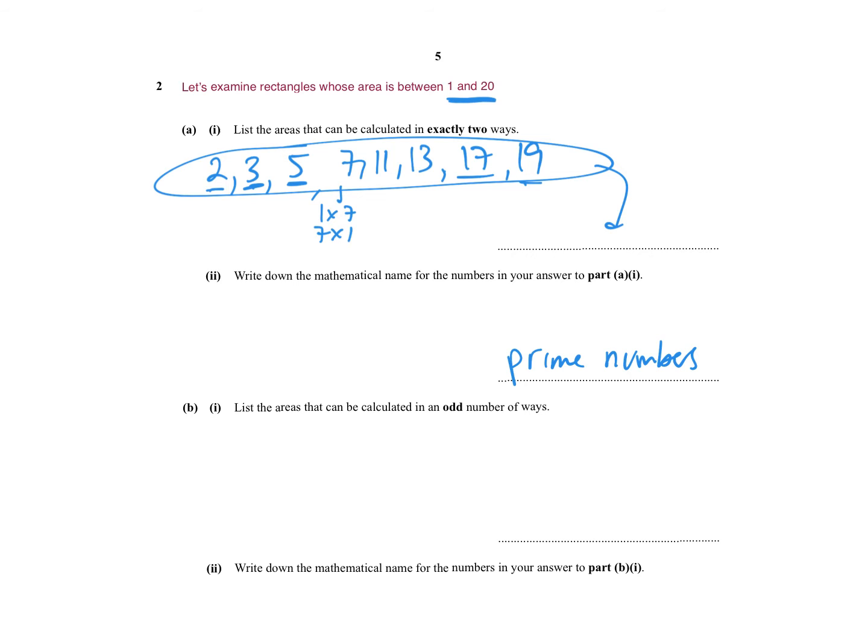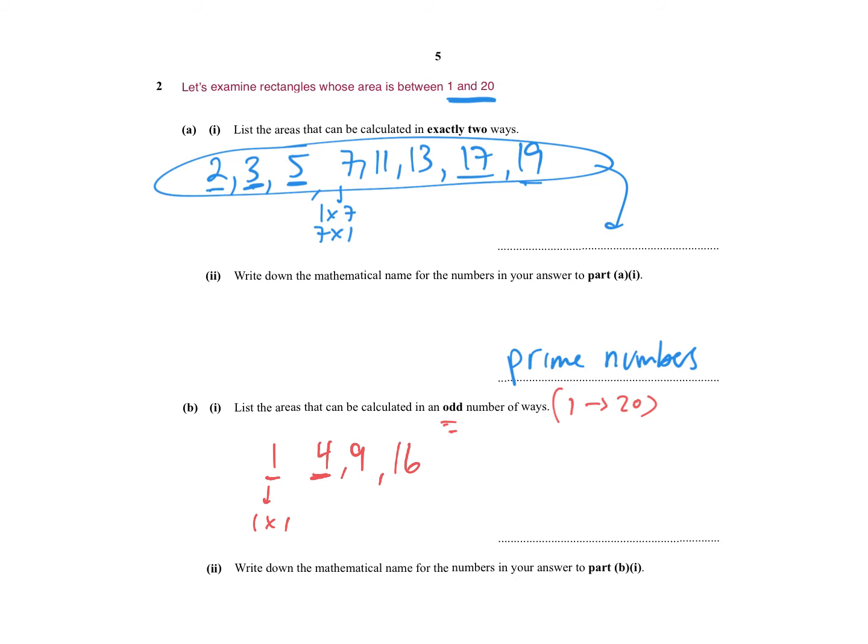Then it asks you to list the areas that can be calculated in an odd number of ways. Now that's interesting. Again, we're still looking between the numbers 1 to 20. You're looking for square numbers. 9 works. 4 would also work. Technically, 1 would also work, because it's an odd number of ways, right? 1 times 1, there's only 1 possibility.